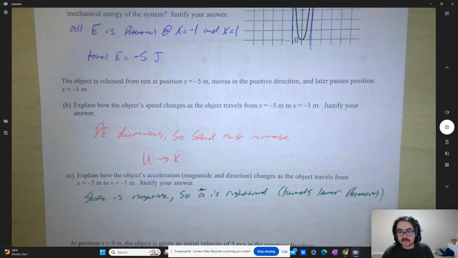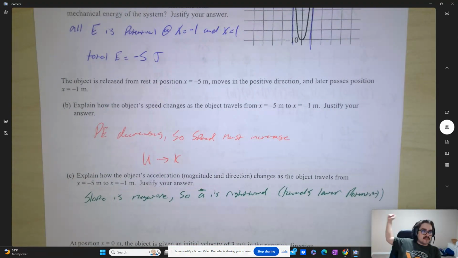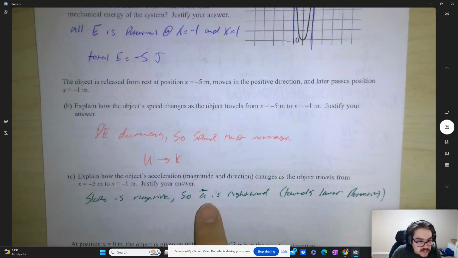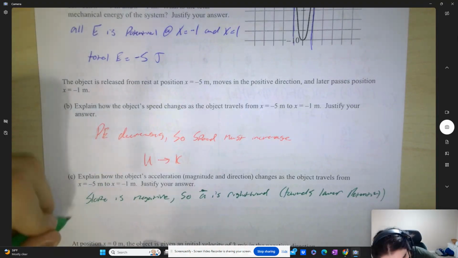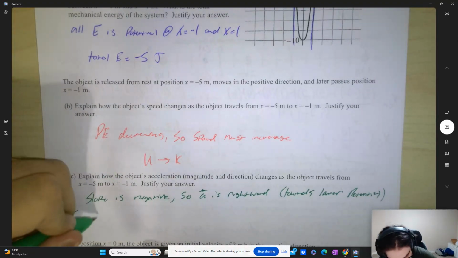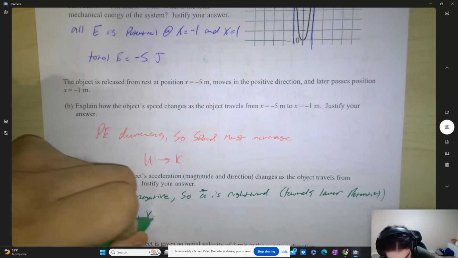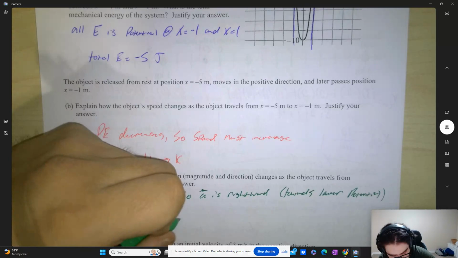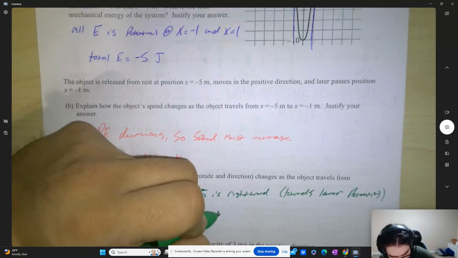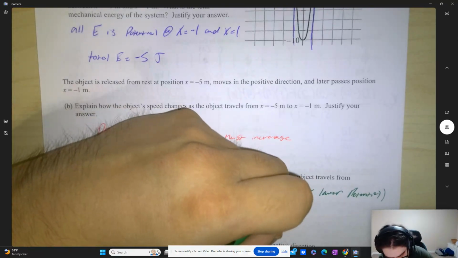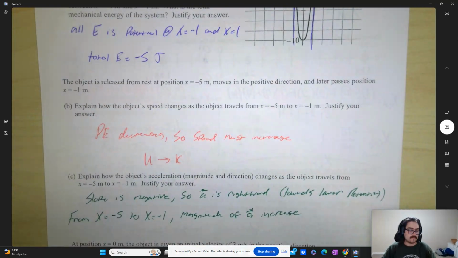Do you remember when we were talking about the potential graphs in electrostatics, how we said it always points towards lower potential? No different right here. And then from x equals -5 to x equals -1, the magnitude of acceleration should increase because it gets steeper.